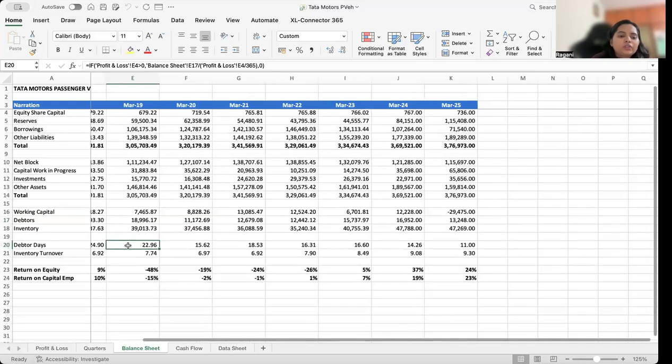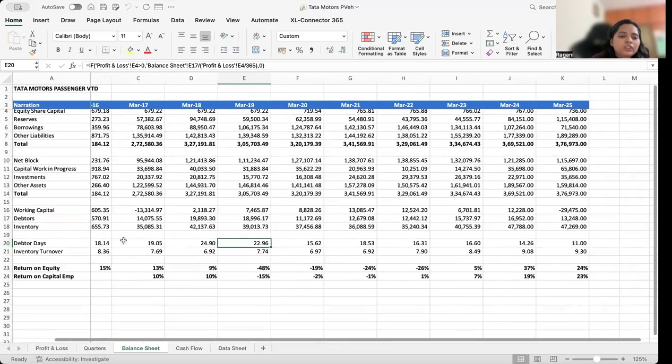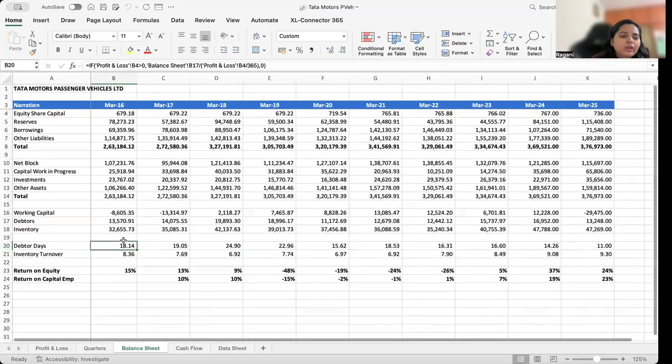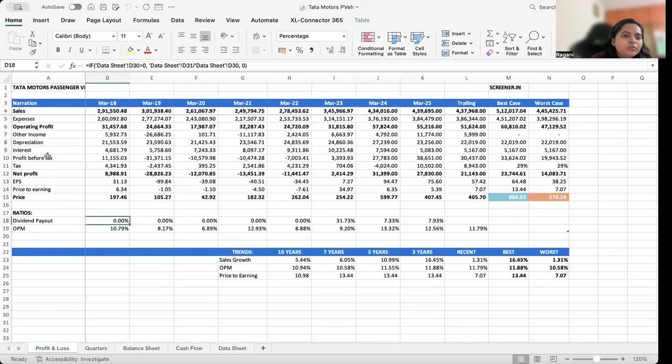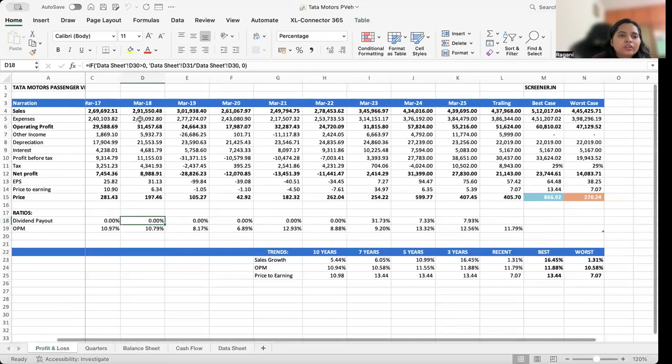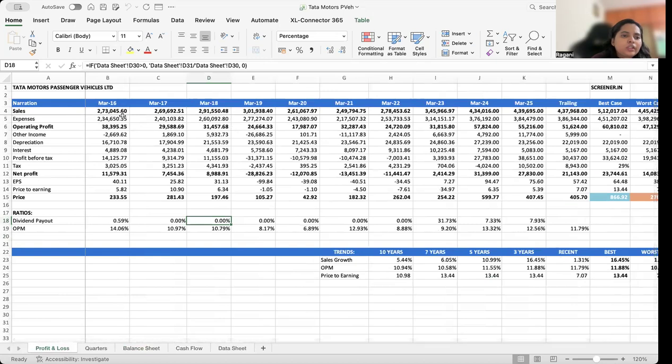For calculating debtors, I use the IF function. I took the data from the profit and loss accounts, the before data, which is for sales.